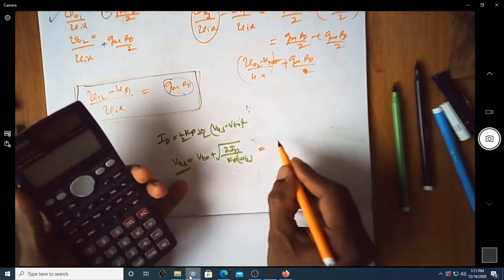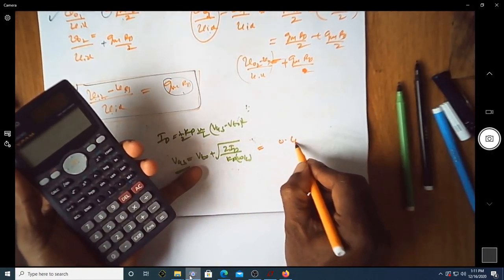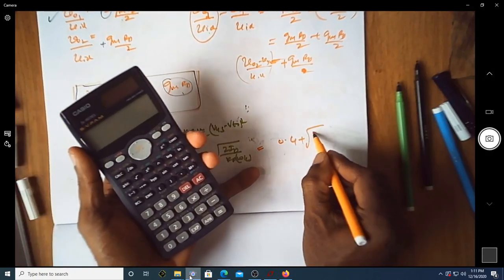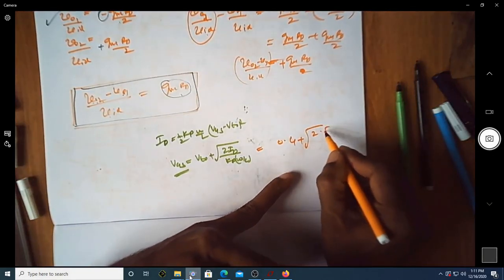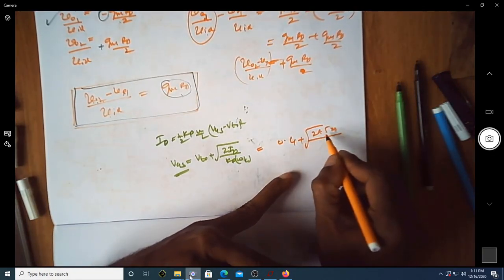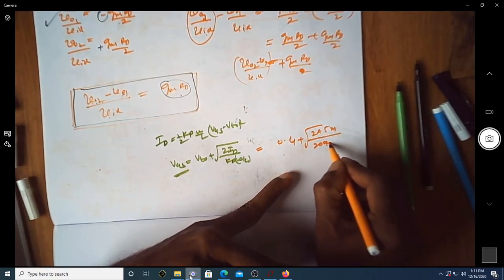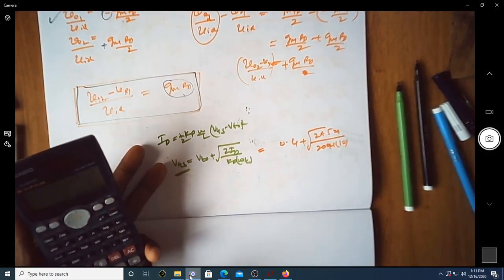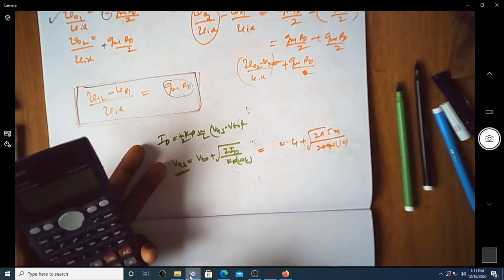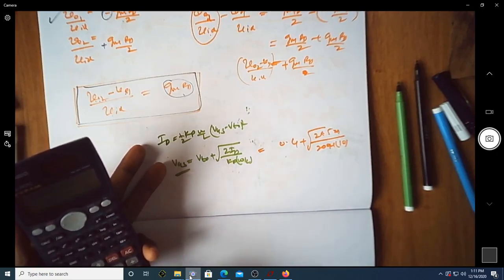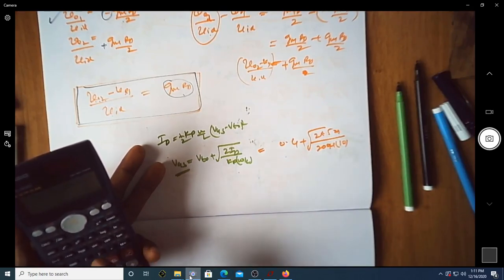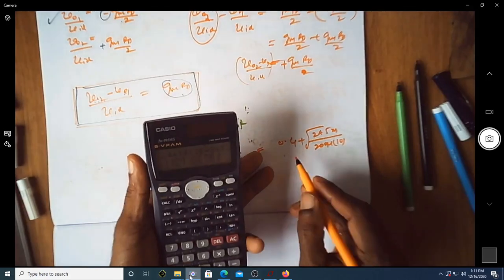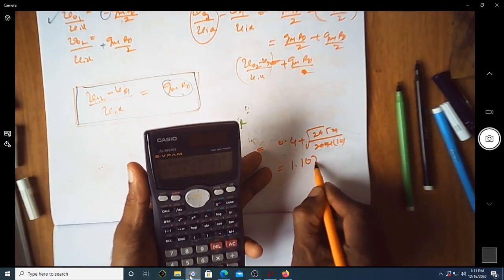So since this is 0.4 plus under root of the current 0.5 milliampere, divided by 200 micro and W by L is 10, if I substitute all those, it is 0.4 plus under root of 1 exponential minus 3 divided by 200 exponential minus 6 into 10. If you can see, this happens to be 1.107 volt.